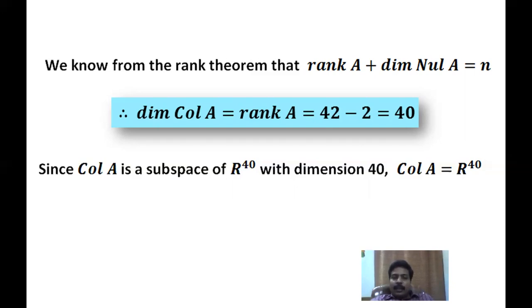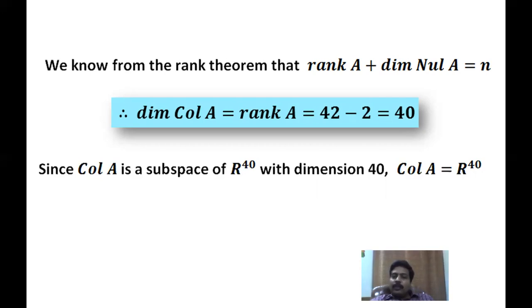And column space A is a subspace of R40, since the number of rows is 40, so there will be 40 entries in each vector in column space A. So it is a subspace of R40 and its dimension is also 40.